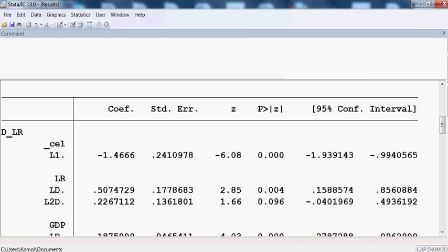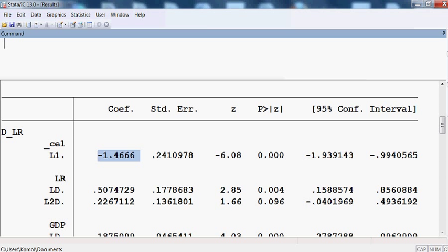And here I can see the error correction term is negative, right? And it is also significant because the p-value is very small, meaning that this co-integrating equation 1, this error term, is significant.